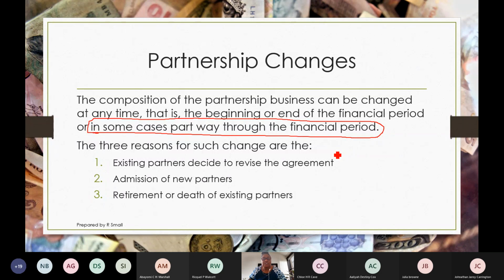But obviously the composition of the partnership will change, because remember, the son is not coming in as a partner. The son is not going to be there, and you are no longer there. So it's just Julia and Jonathan. So then they have to still look at their agreement now, because it's only the two of them. So the income statement still needs to reflect that change as well, because it's only two persons now instead of three.